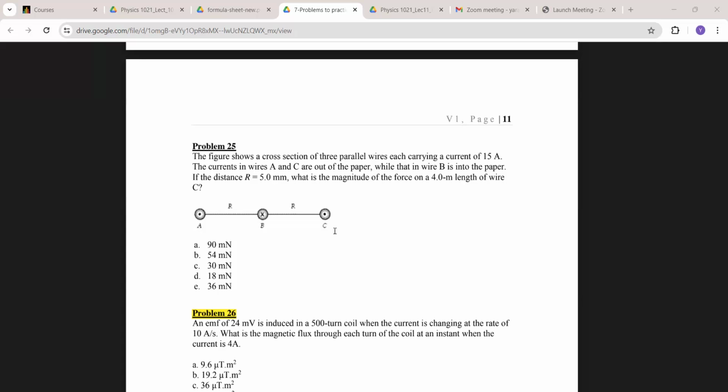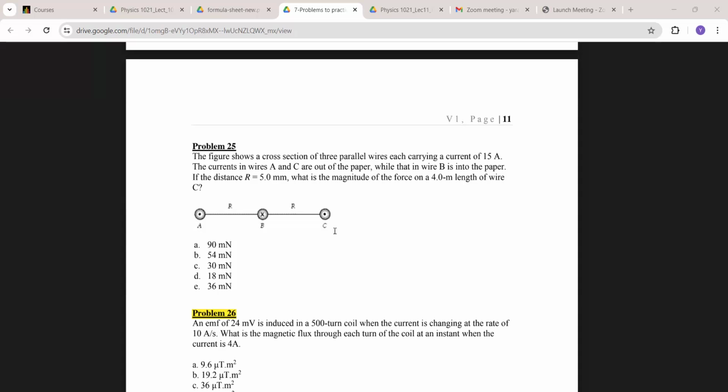So from here, I'm going to calculate the magnetic field from A to C and the magnetic field from B to C. And we are going to say that the magnetic force will be I L cross the magnetic field.